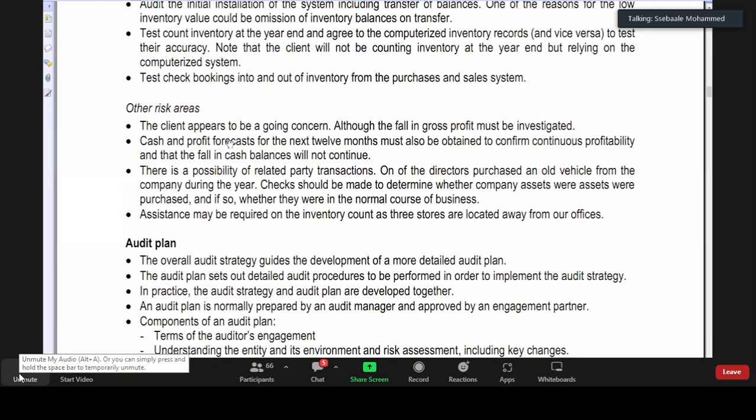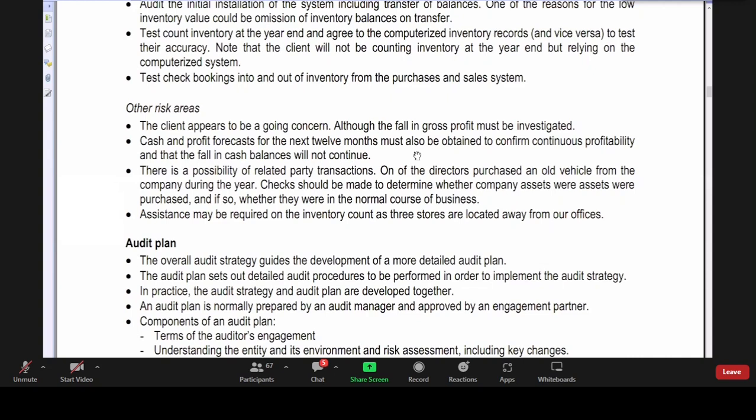Cash and profit forecasts for the next 12 months must also be obtained to confirm continuous profitability. Is management forecasting to make more profits, or is management forecasting a drop in cash? If management says that they will continue having cash flow challenges, then there's a slight risk.